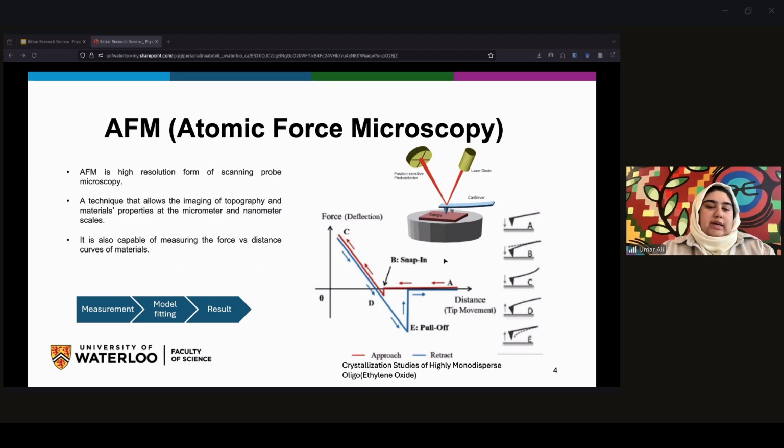At point A, the tip is moving close towards the surface. At point B, at a certain distance, there is a force of attraction between the tip and the sample, and it just snaps into the sample.